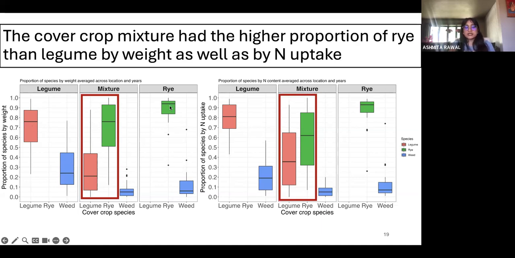For rye, around 95% of that biomass is the rye itself, and around 5% is weed. So it's pretty evident that weed infestation is higher in legume cover crop treatment. In case of mixture, there is a higher proportion of rye than legume by weight as well as by nitrogen uptake.